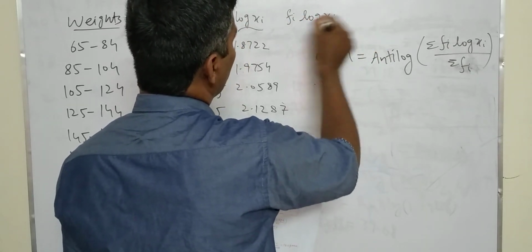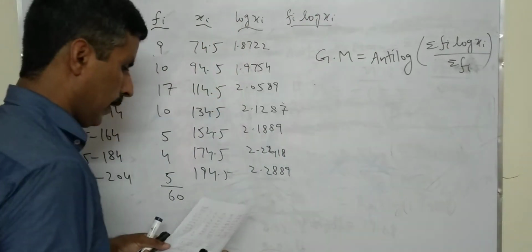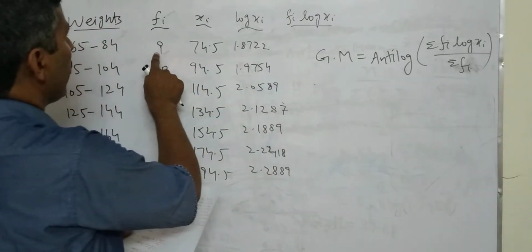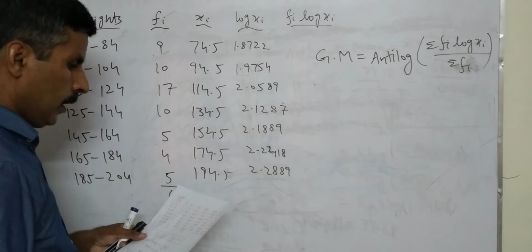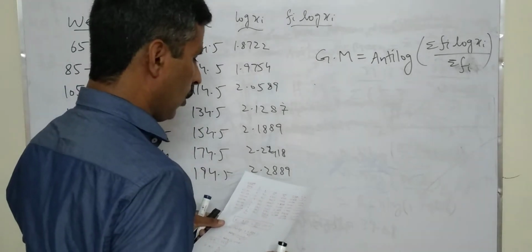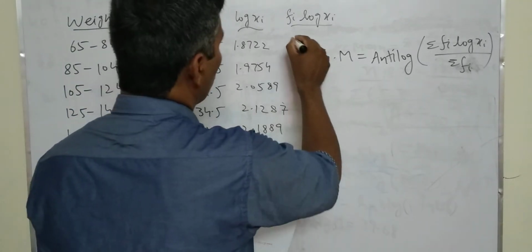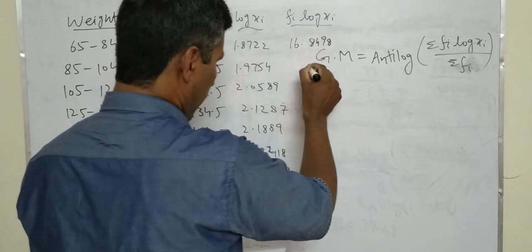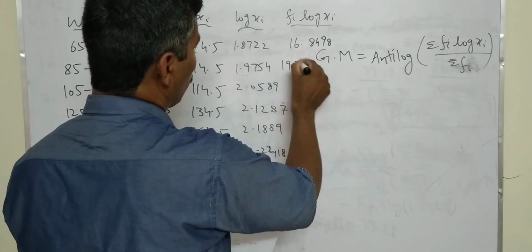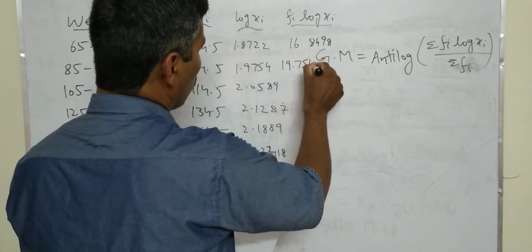We require another column of fi multiplied by log xi. So when you multiply fi with log of xi, where fi is 9 and xi is 74.5, the first value you will get is 16.8498, and the second value you will get is 19.7540.